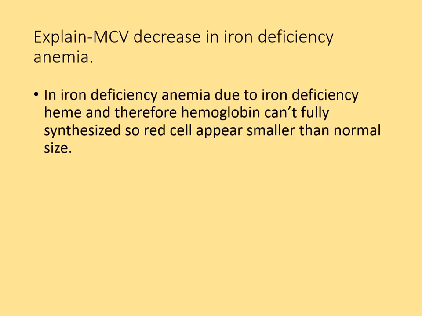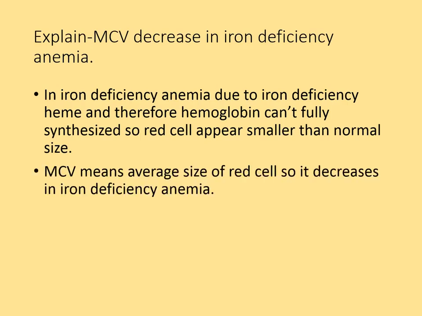In iron deficiency anemia, due to iron deficiency, heme and therefore hemoglobin can't be fully synthesized, so red blood cells appear smaller in size than normal. MCV means average size of red cell, so it decreases in iron deficiency anemia.